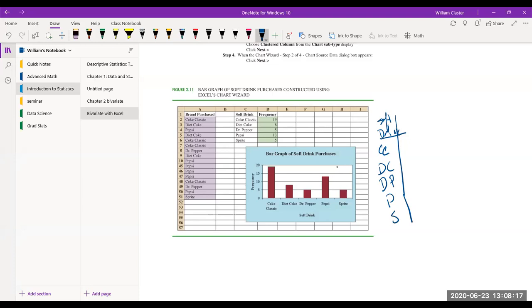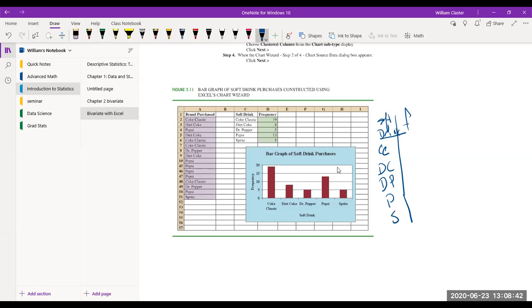What kind of variable is it? Is it numeric or categorical? Categorical. So we're dealing with one variable, in this case soft drink. It's categorical. And then all we do is we have the frequency here for the count.